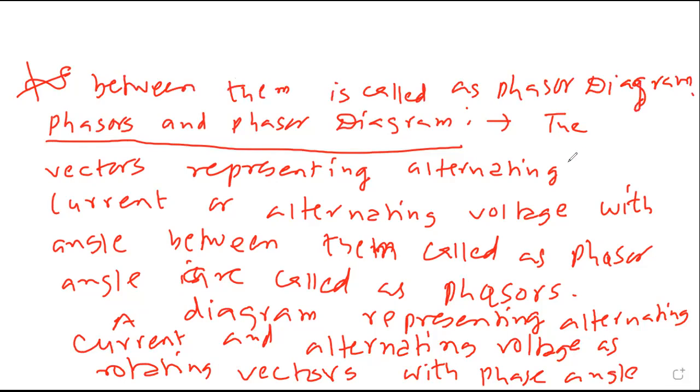So phasors means vector, phasor diagram is representation of that vector with angle between them.